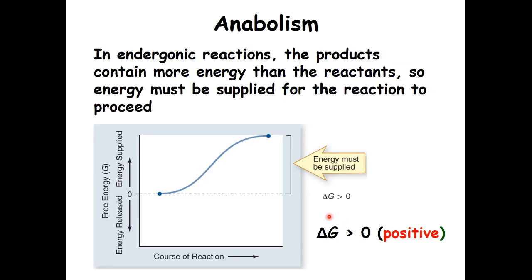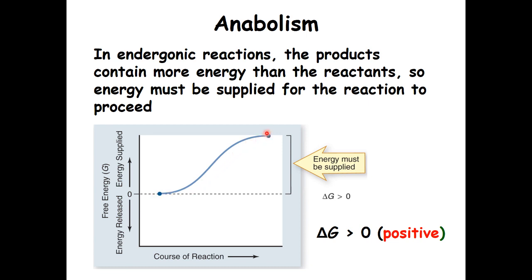If you look at the curve, if these are the monomers that you start with, after forming all these chemical bonds, you're investing a lot of energy into these chemical bonds. So the end product, which is the polymer, will have more energy than the monomers that you start with. So delta G here will be greater than 0 because the difference between here and here is a positive difference.